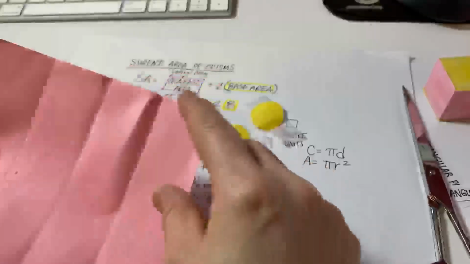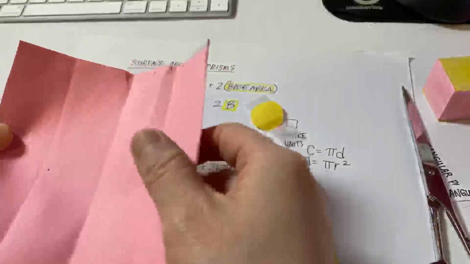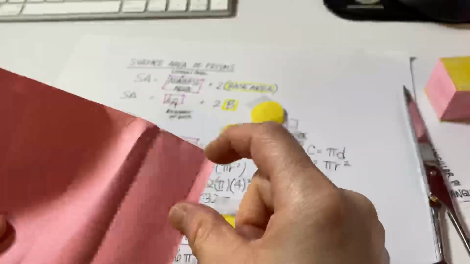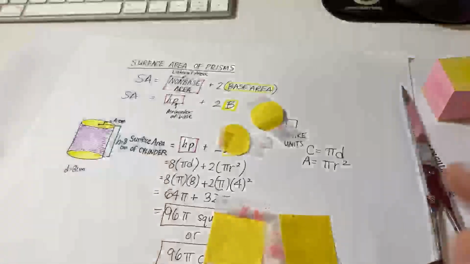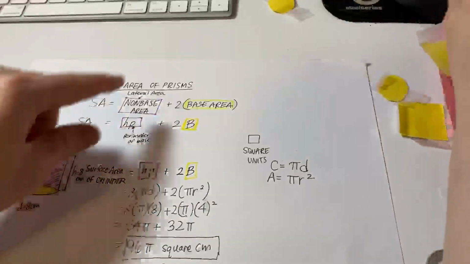And so that would have been H, the distance between the two congruent bases, and then this would have been the perimeter of the base. So in this case, that is this part here. So is everybody clear why non-base area is HP?